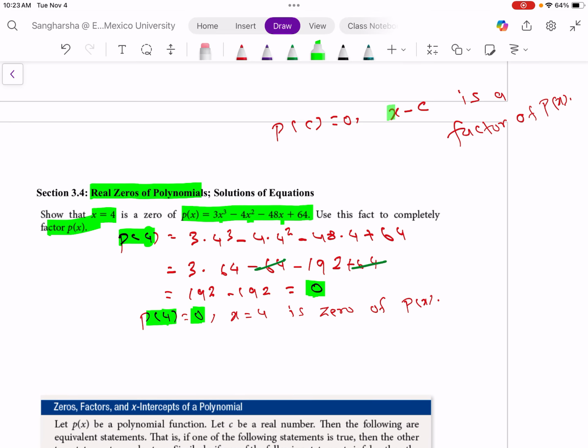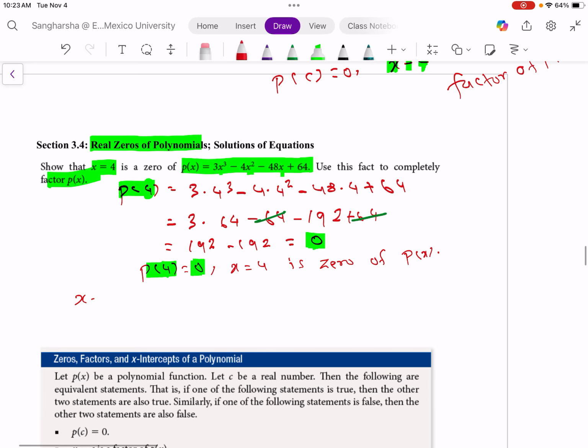Our c is 4, so x minus 4 is a factor of p of x. We have to factorize this polynomial completely, so this is not the only factor, we have to find the remaining factor. Now how do we find the remaining factor?